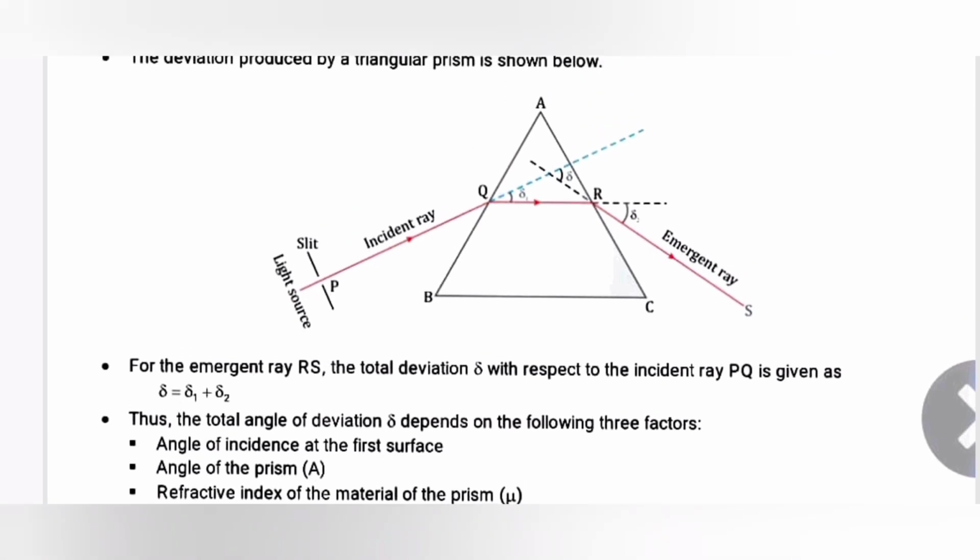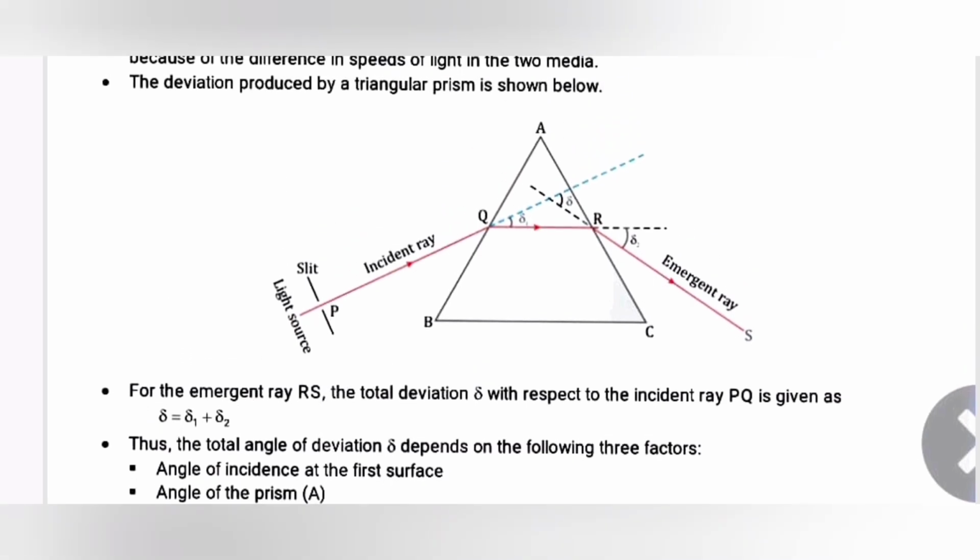In this diagram you can see it is an equilateral prism of 60, 60 and 60. If it were 90, 45, 45, it would be different. So that's for deviation.